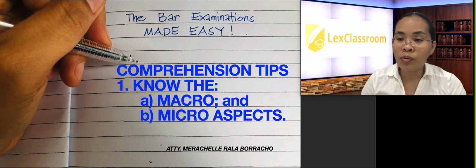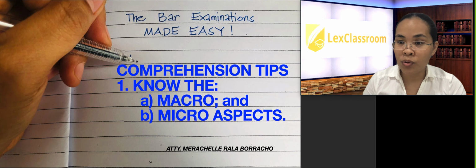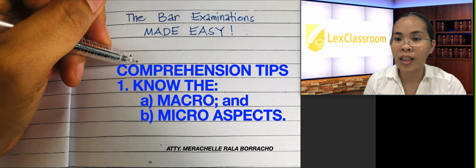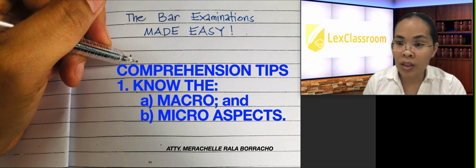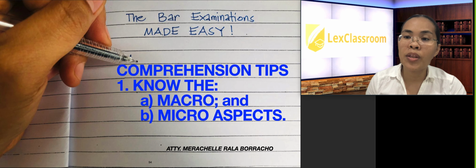Now, if you notice also your approach when you were still in law school, or for those who are still in law school, the approach would be you know first the law, then you know the cases applicable to that provision of the law, then you will be studying the reviewers or the annotated book. So that should be the approach. You first read the full text of the law, then the full text of the case, then you will process those learnings with the use of an annotated book.